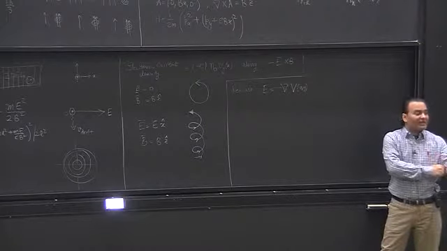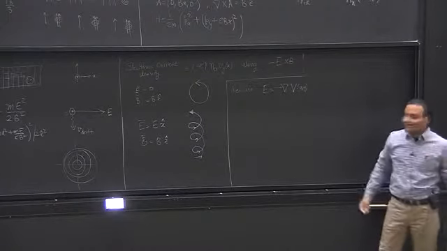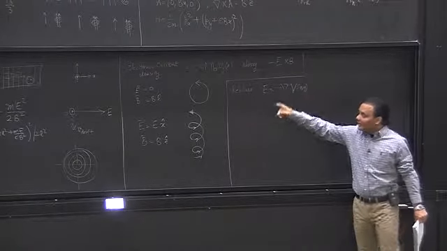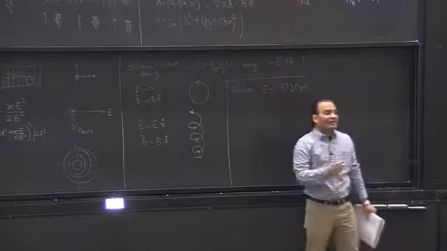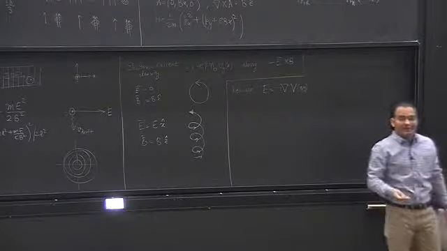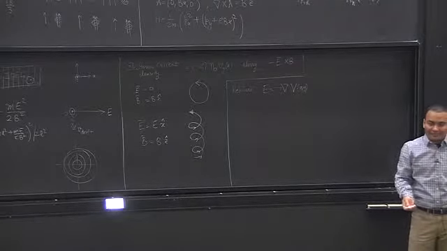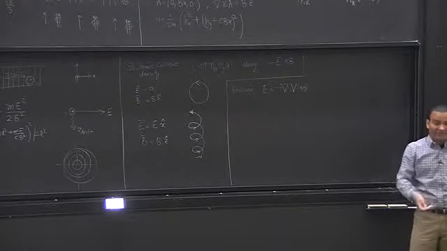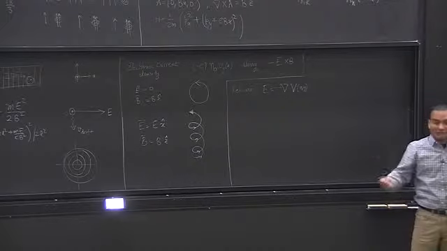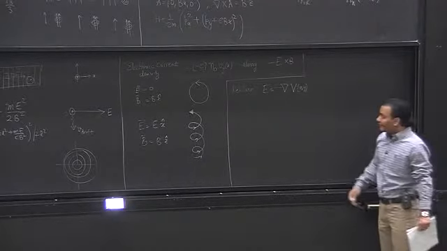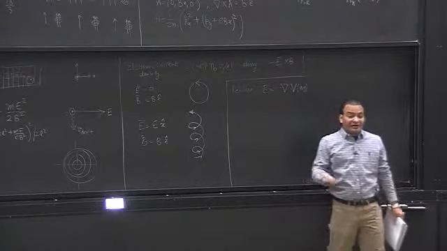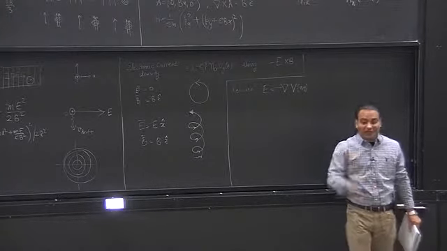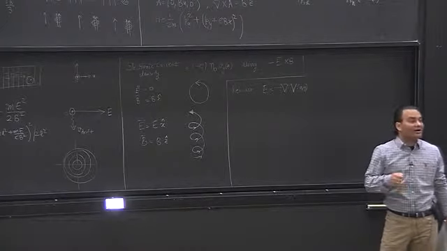So the direction of electric field will depend on this potential now. In this analysis, the electric field was uniform, and as a result, the direction of drift for electrons, which is minus E cross B, was uniform, along y direction. But if your electric field is locally changing, that means the direction of drift for electrons will also be changing.